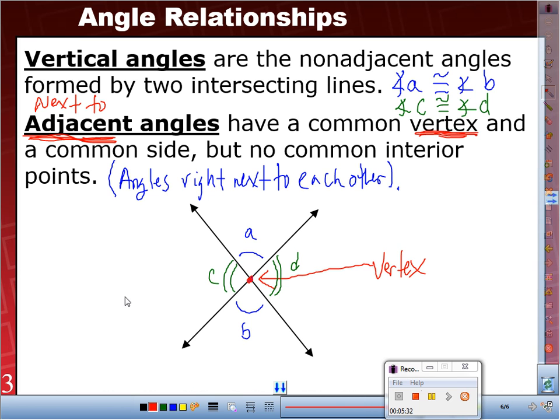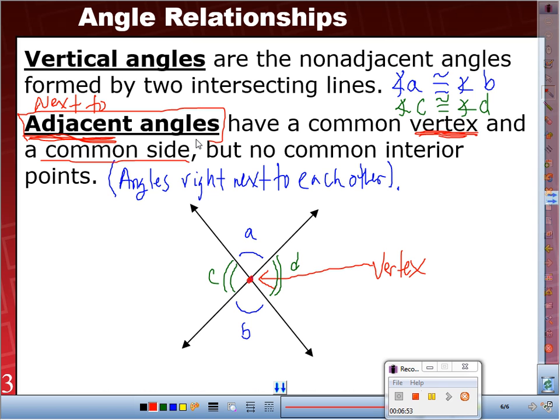So with that said, look up, please. The definition for adjacent angles says that they have a common vertex. Okay. So all these angles have a common vertex, right? But they also need to have a common side. So watch.